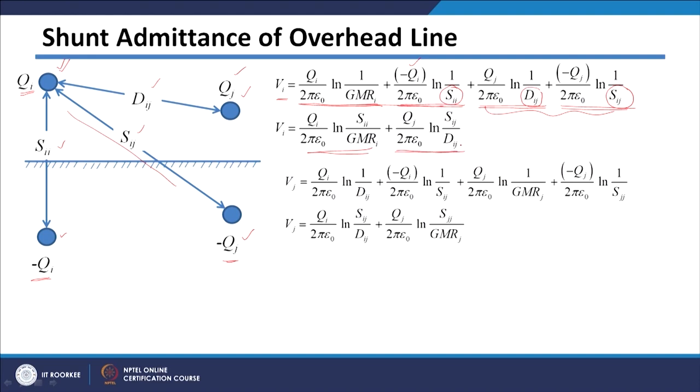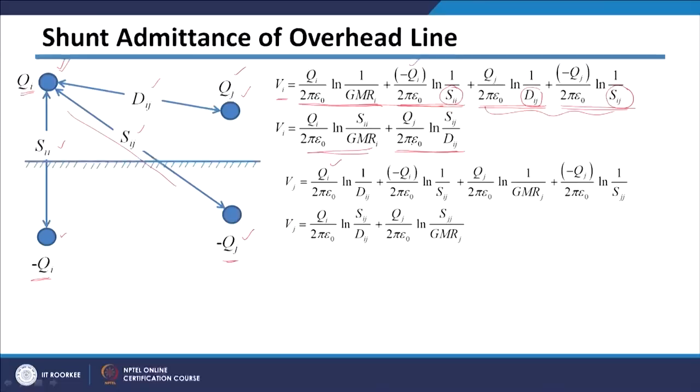In exactly the same way I can calculate the voltage at conductor J. It will again be due to all four charges: the charge Qi, its image, the charge on conductor Qj and its image, and the corresponding distances.